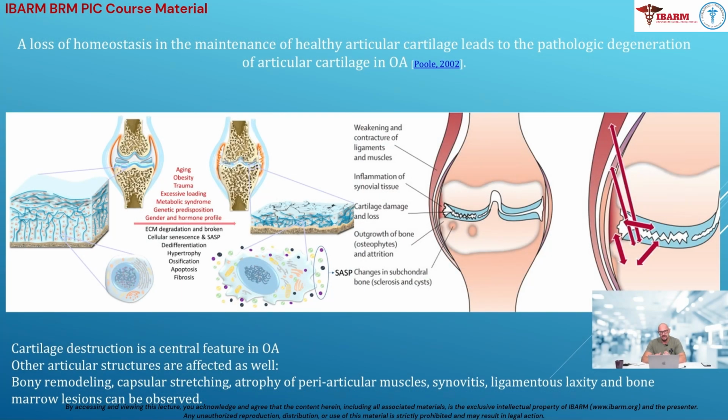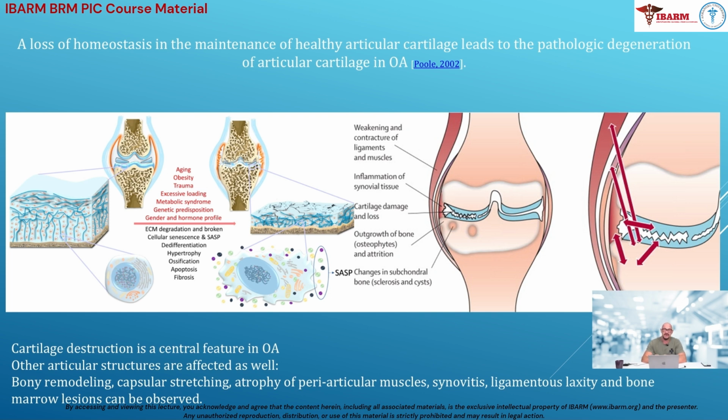So the loss of this homeostasis in the maintenance of the healthy cartilage leads to a pathologic degeneration of the cartilage that happens in osteoarthritis. So the cartilage destruction is the central feature of osteoarthritis.